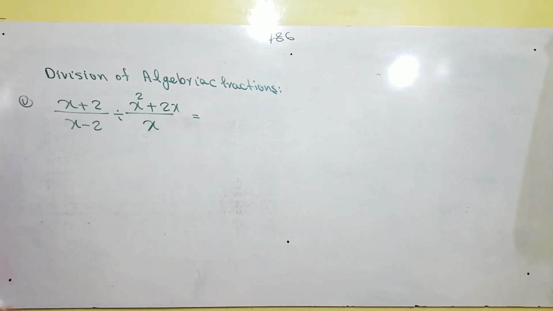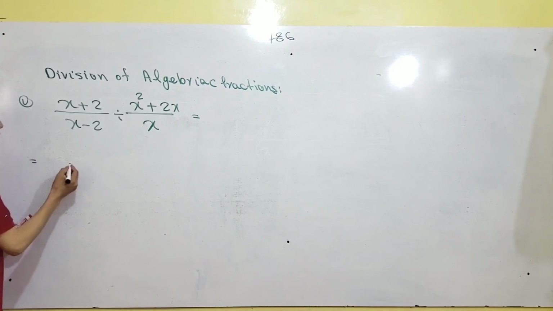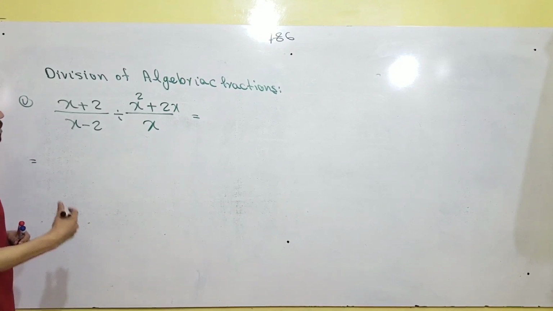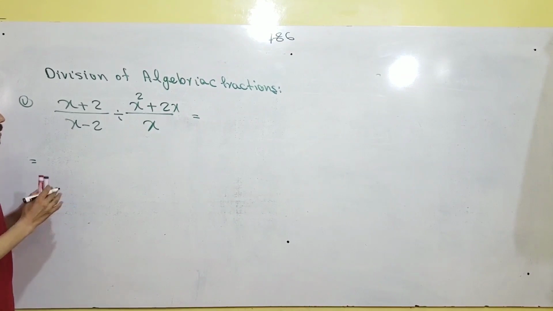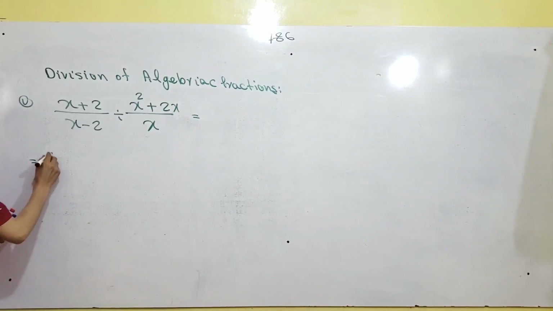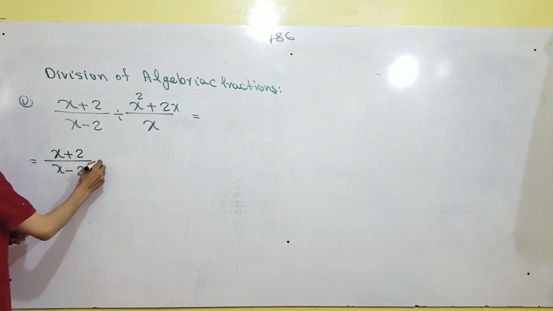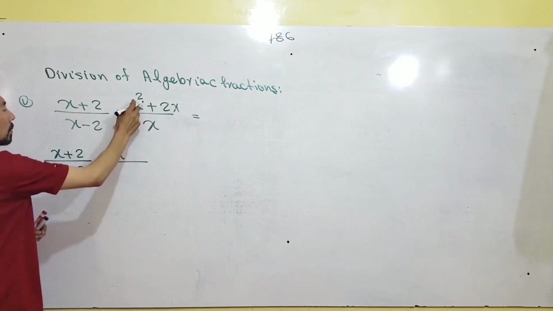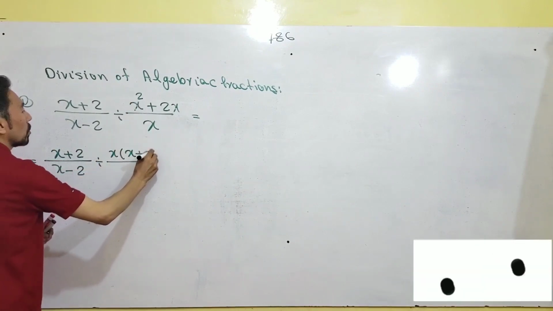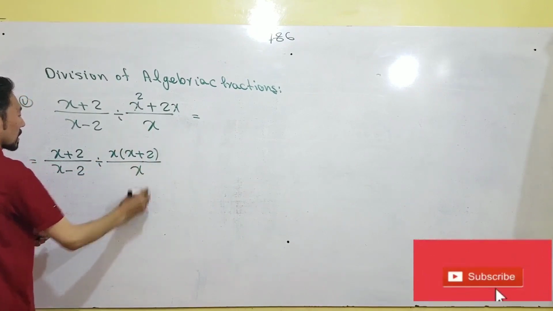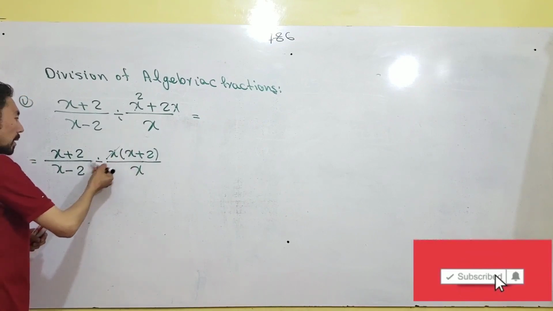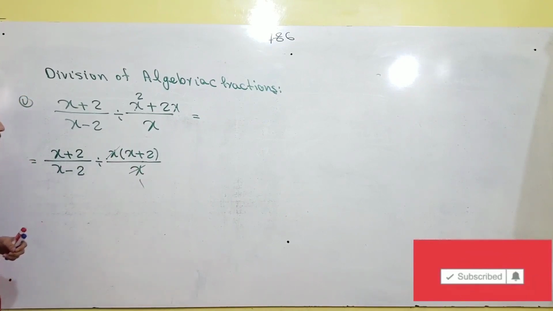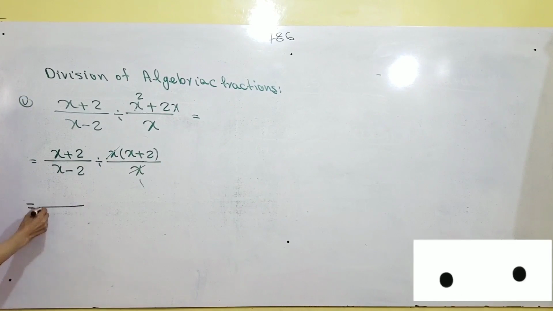How can we divide? In this part also, first of all, you should factorize every numerator and denominator. For example, we have x plus 2 over x minus 2 divided by, we bring out x from both terms. Here remain x plus 2 over x. Then we can divide x by x. Here remain 1.